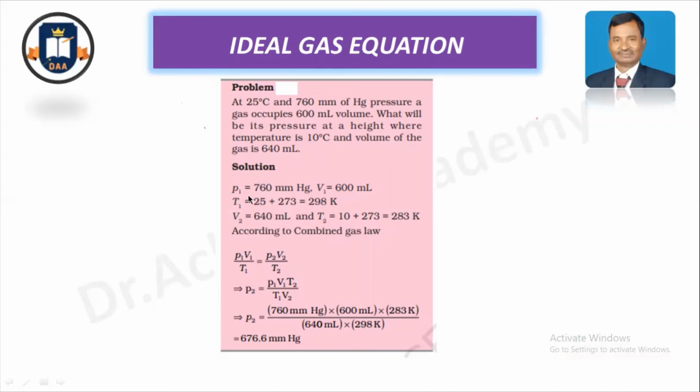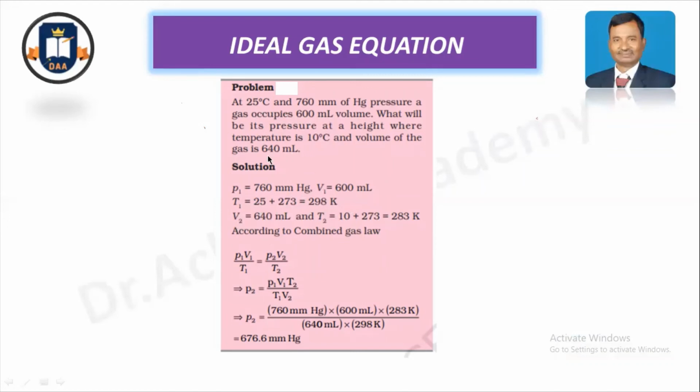First, you have to convert all the values into the desired units. P1 is 760 millimeter of mercury, V1 is 600 ml, we put from there, and T1 also, as I told you, approximately 273 you have to add to the centigrade value to convert into Kelvin.